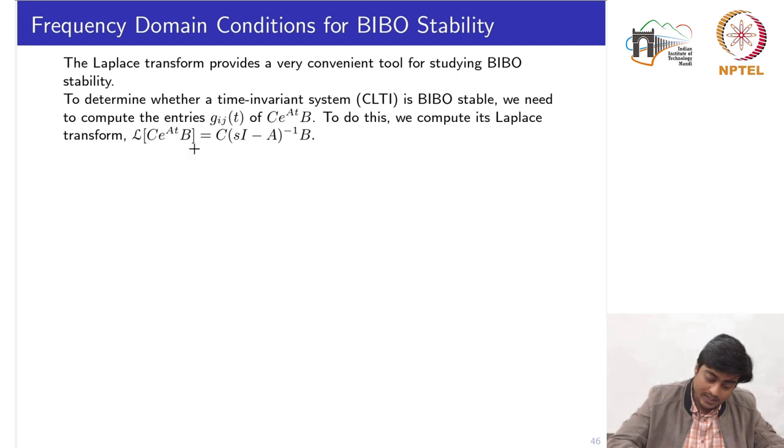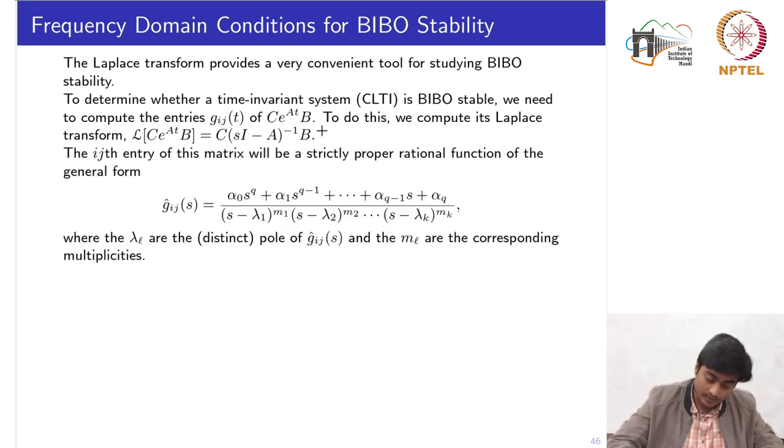To do this, we compute its Laplace transform, and the Laplace transform of this entry is given by C times the inverse of (sI minus A) times B. Now the ijth entry of this function could be written as the ratio of two polynomials, the numerator polynomial and the denominator polynomial, and all these lambdas define the eigenvalues or the roots of these equations with the multiplicity m.